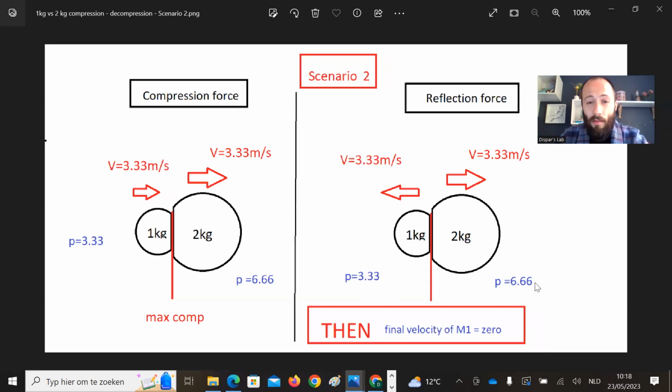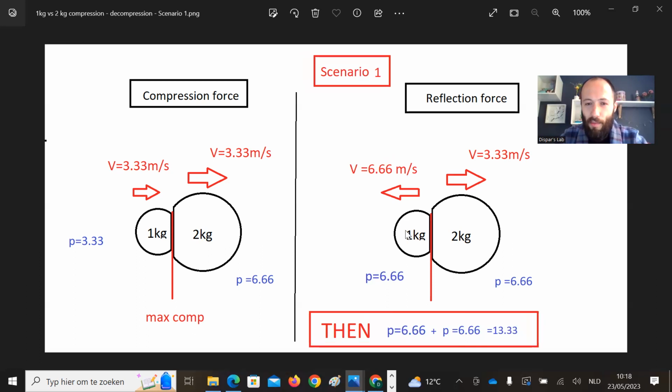Scenario 2, where we try to calculate it so that the momentum is conserved. If you do the math, if you try to conserve the momentum. In the previous scenario, 6.66 momentum coming out that way, 6.66 coming out this way. Too much.